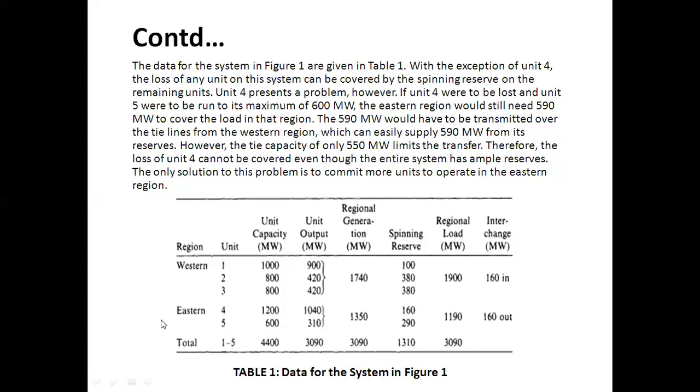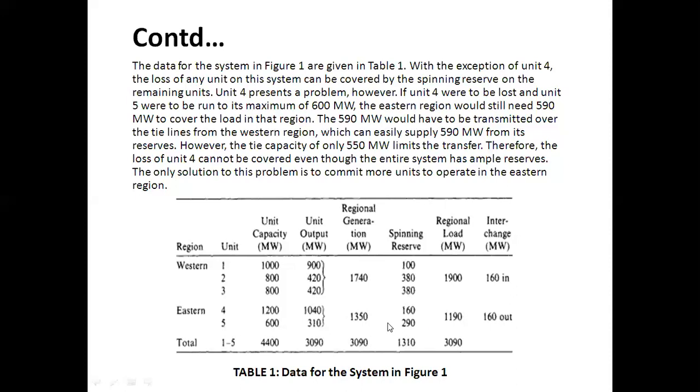That is the concept of spinning reserve. The eastern region first meets its own load demand, that is 1900.